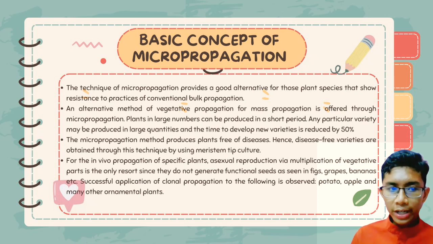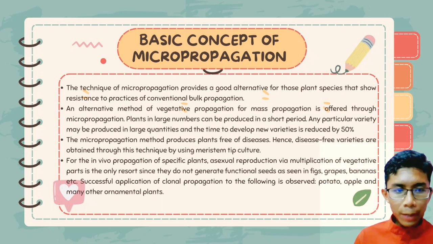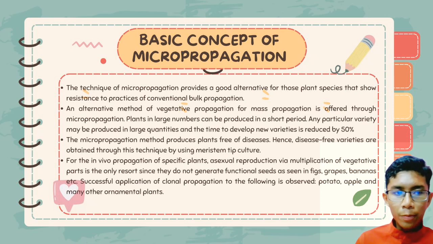Any particular variety may be produced in large quantities, and the time to develop new varieties is reduced by 50%. The micropropagation methods produce plants free of disease. Hence, disease-free varieties may be obtained through this technique by using meristem tip culture.